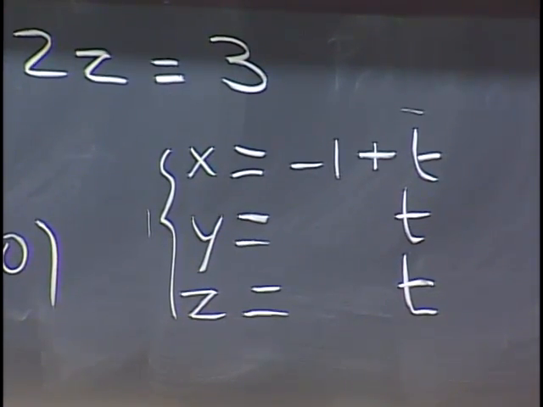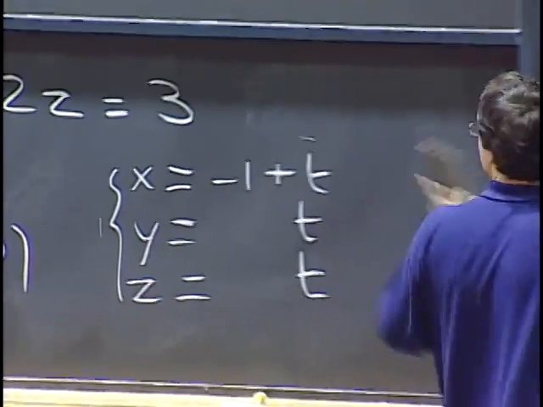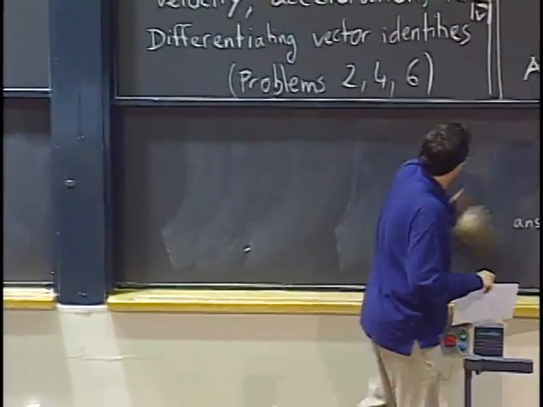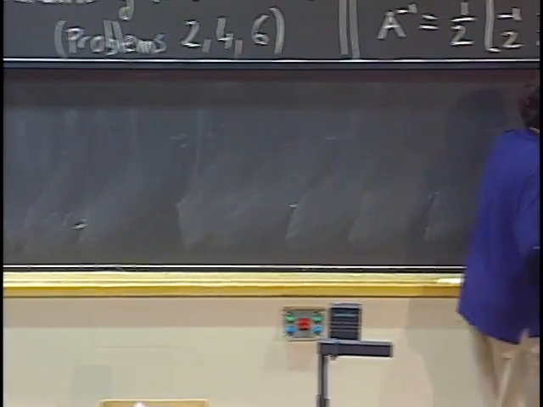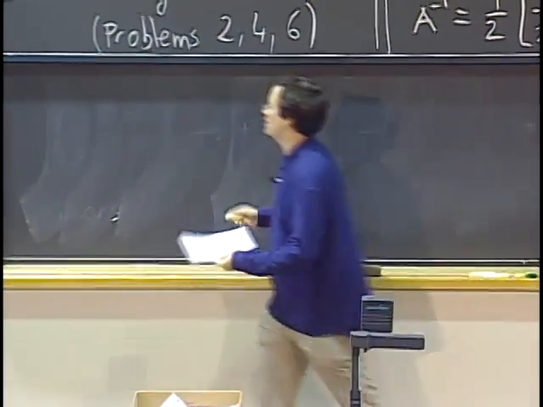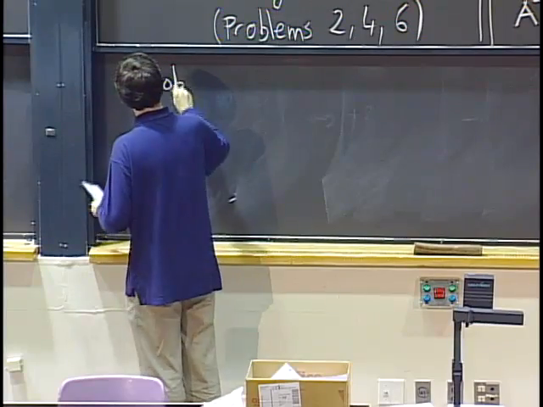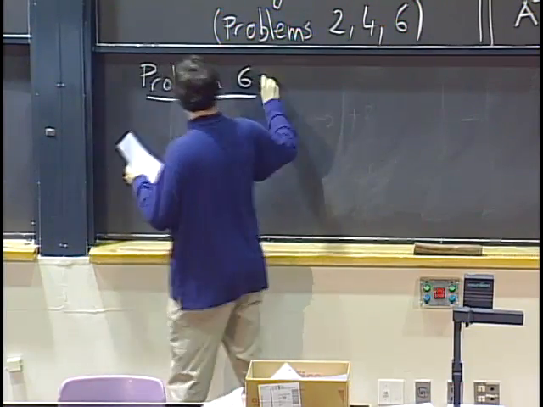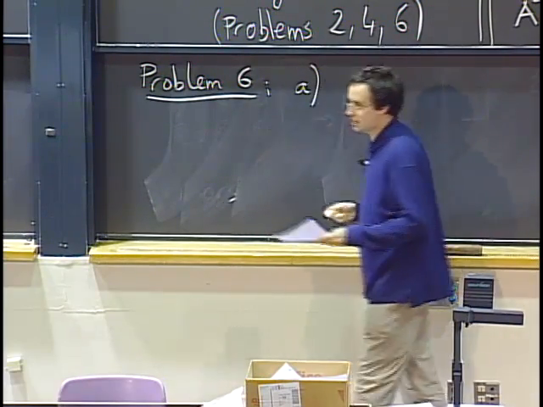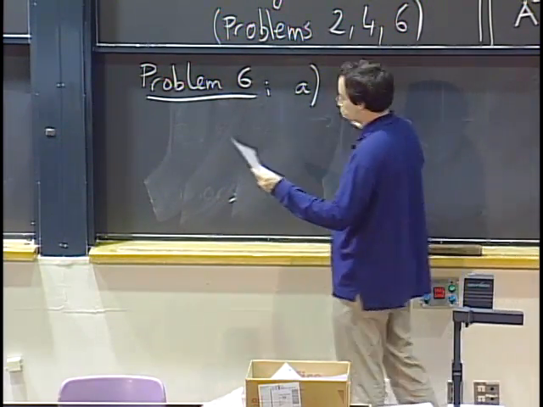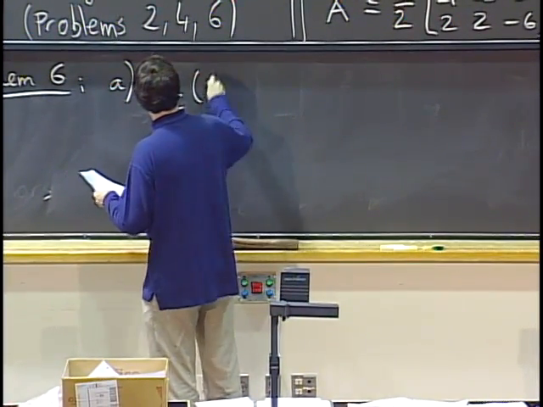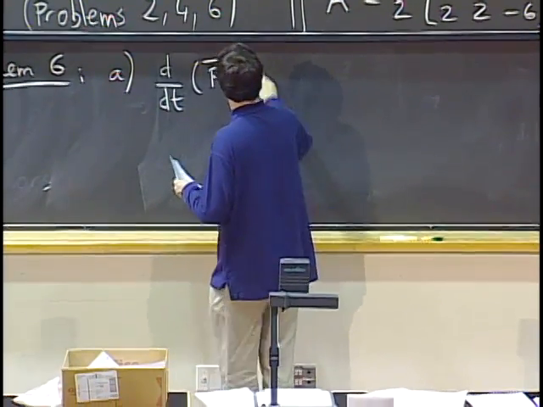And now in the last 1 minute, let me just say very quickly, do you want to hear about problem 6 anyway? Okay. So problem 6, it's one of these vector calculations. We have a position vector r, and it asks how do we find the derivative of r dot r?